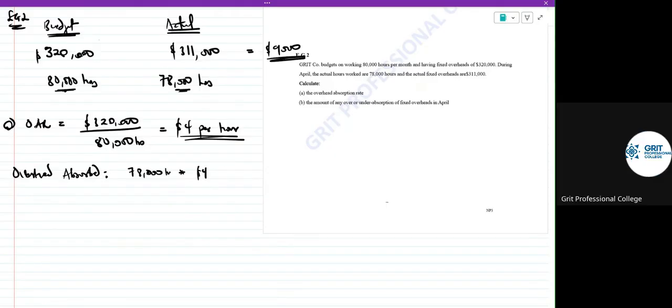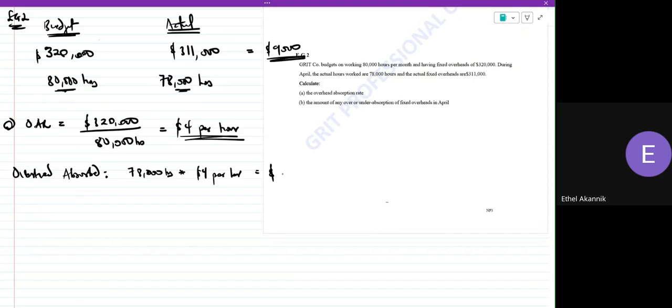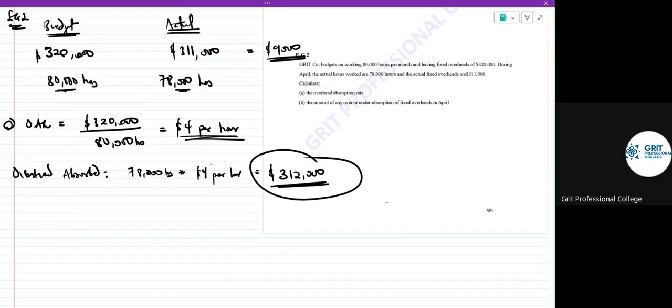So the 78,000 hours by the $4 per hour will give us what we call the overhead absorbed. And what is that going to be? 312,000. So let me explain the overhead absorbed again. This is to see that if at the time that we were planning, we knew that we were going to work exactly 78,000 hours, then this should have been the overhead cost that we would be planning for.